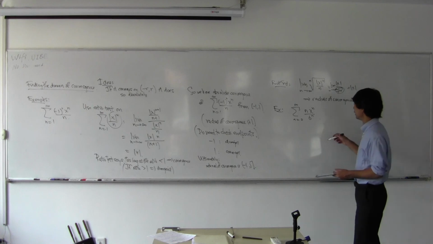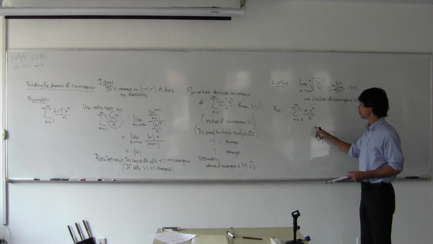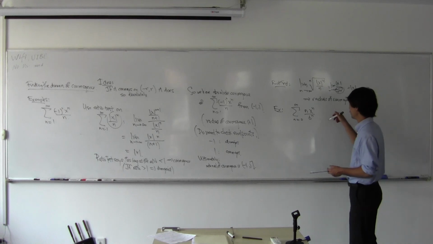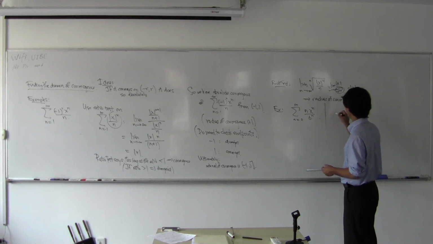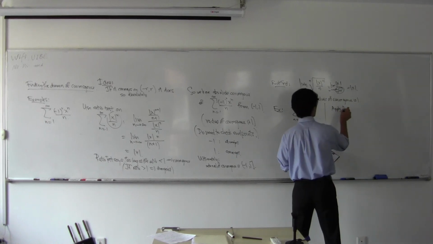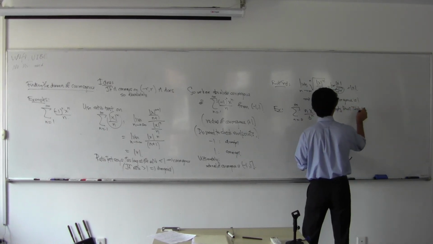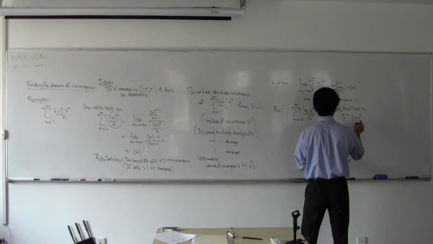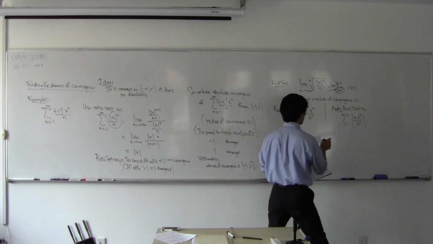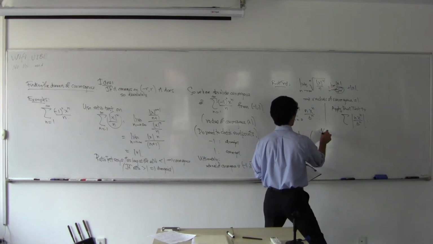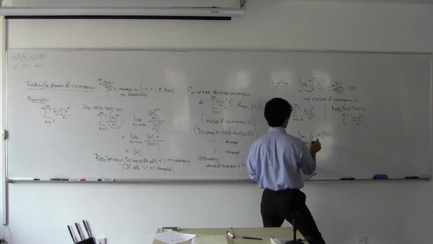Right. If you look at this, I would say probably the root test jumps out. Like, clearly, I want to use the root test. So I apply the root test to the absolute value. Right? And you get the limit of the nth root of n x to the n over 6 to the n as n goes to infinity. Right?